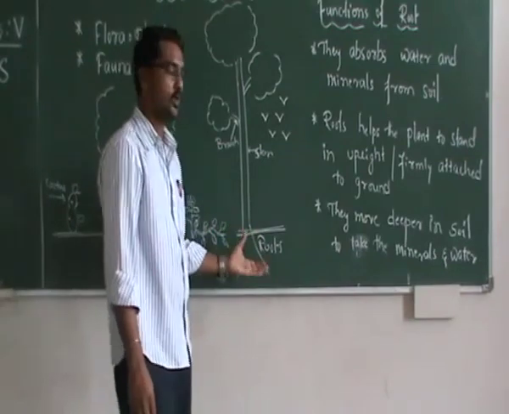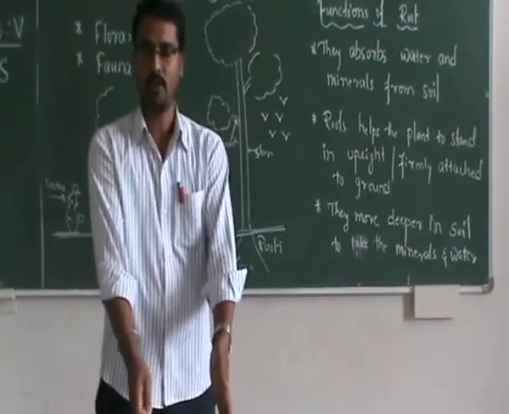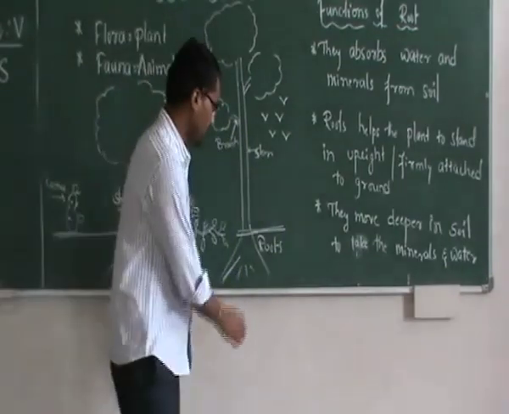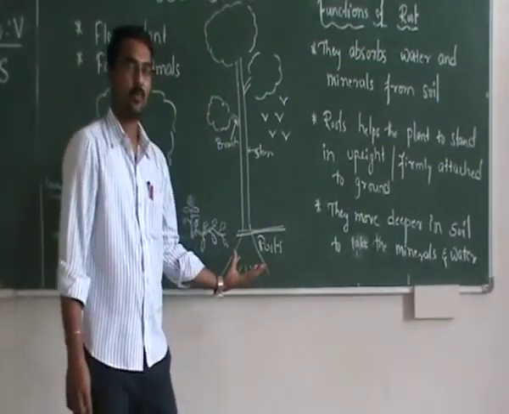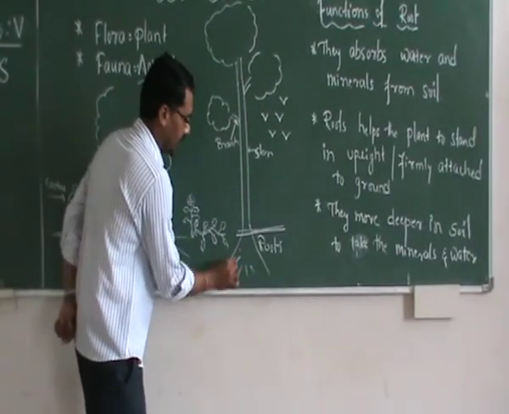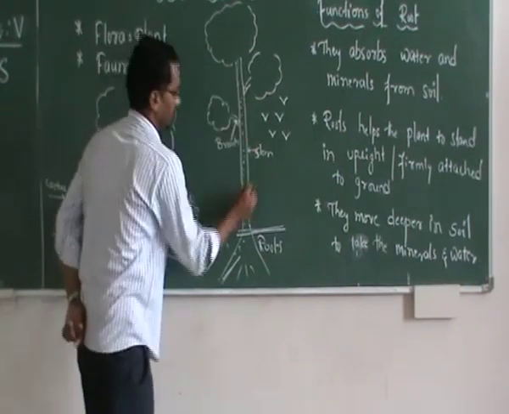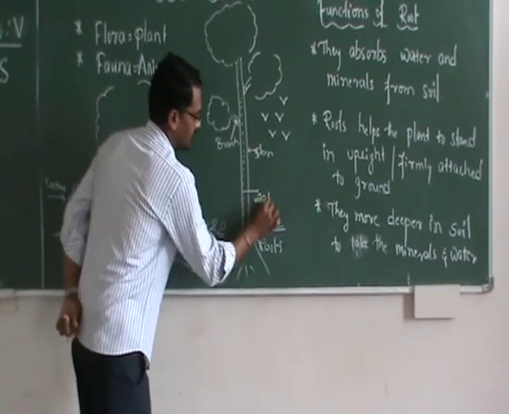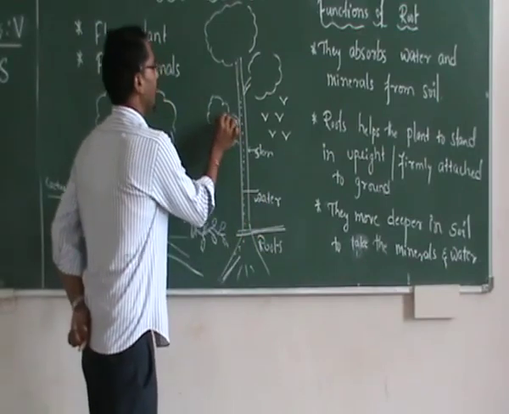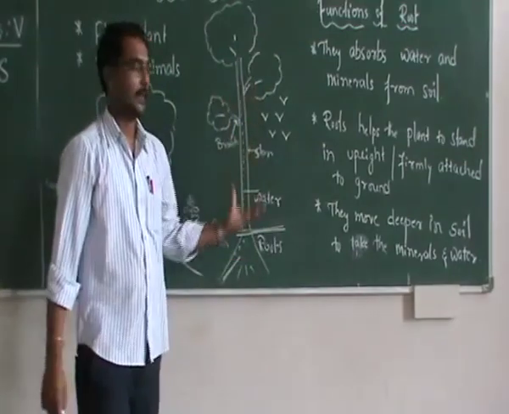The roots always go inside; they are positively geotropic. They move in the soil, going deeper to get the minerals and water. When the water and minerals are taken in through the root hairs, they go upward. The water reaches the leaves, branches, and every part of the whole plant body.